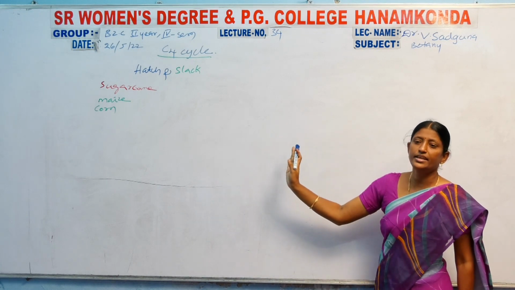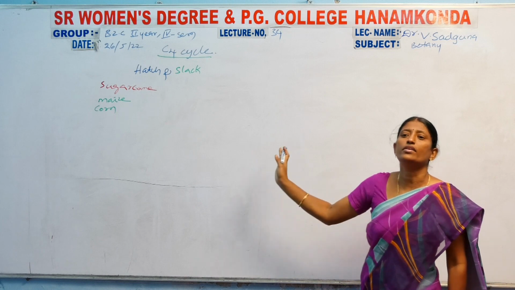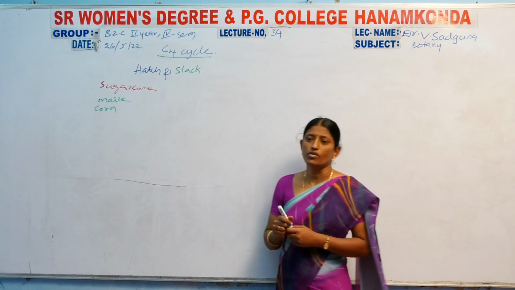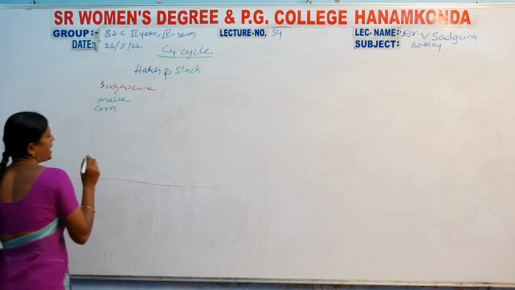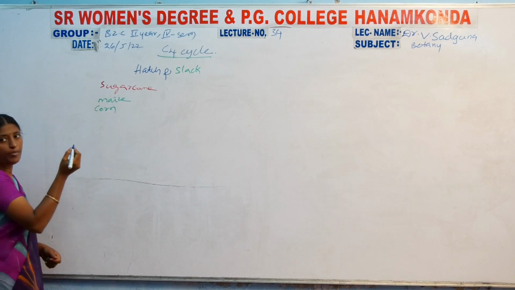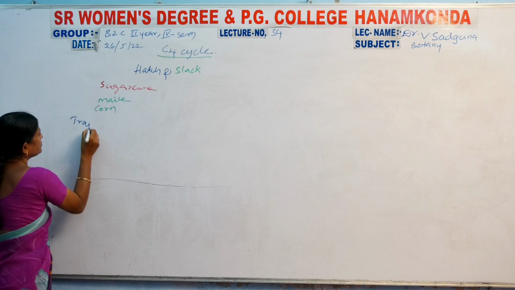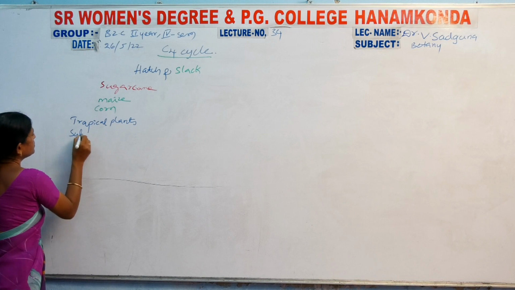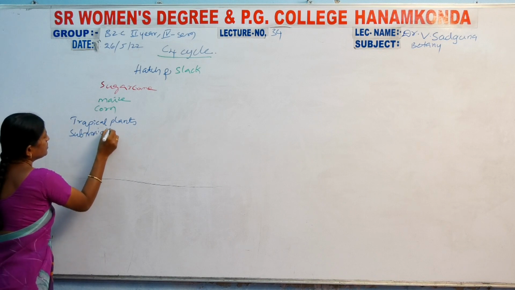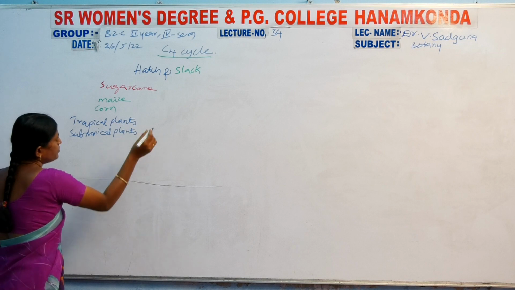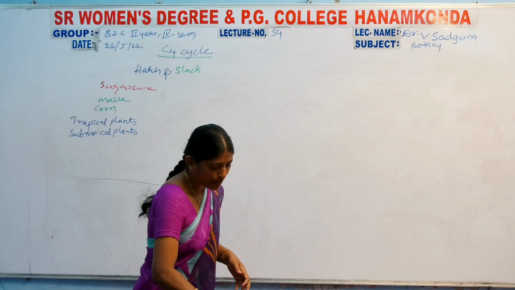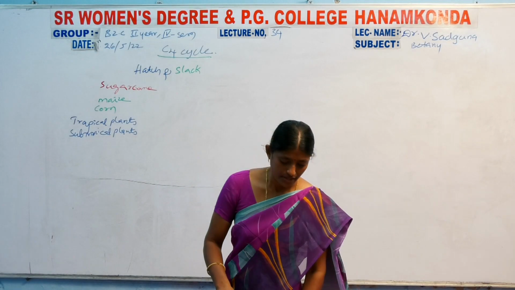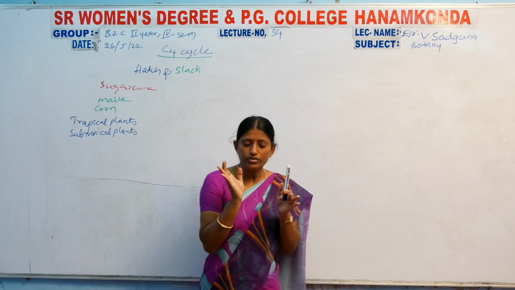The grass plants mainly are tropical or subtropical plants.